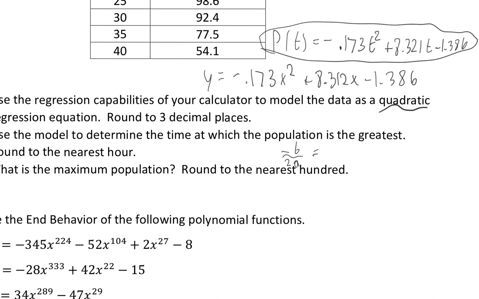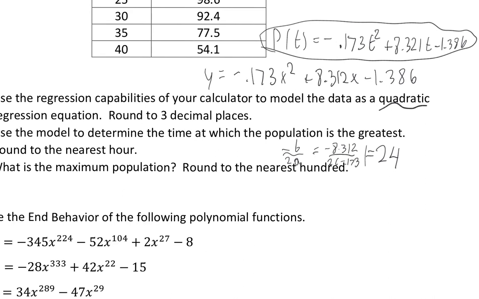That's negative 8.312 over 2 times negative 0.173. I put that in my calculator. Rounding to the nearest hour, you get about 24. So that is our peak, that is our answer here.